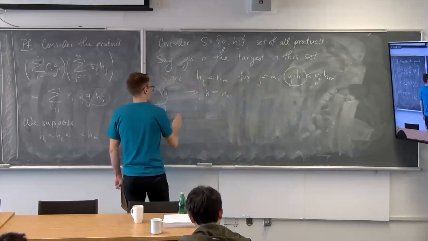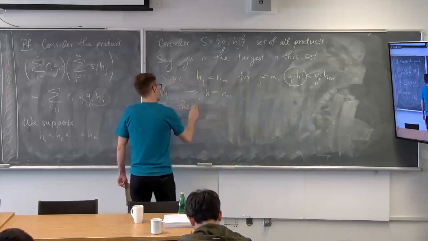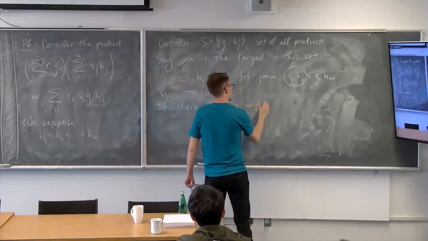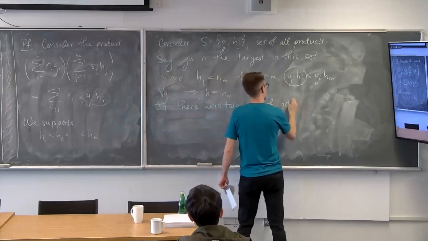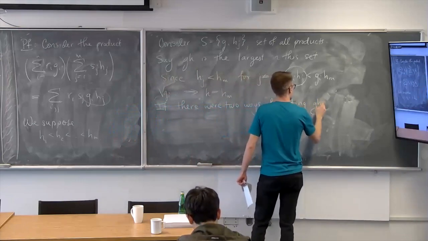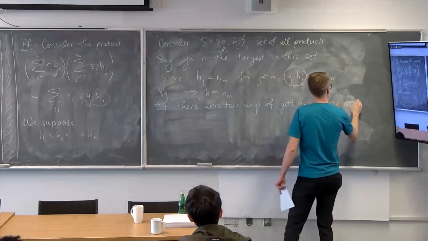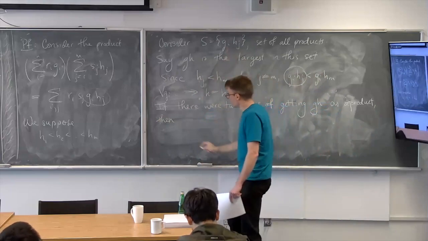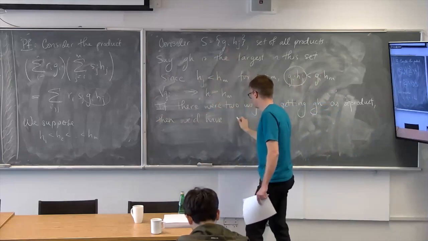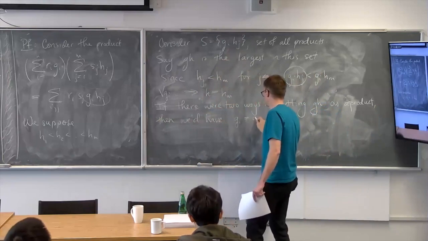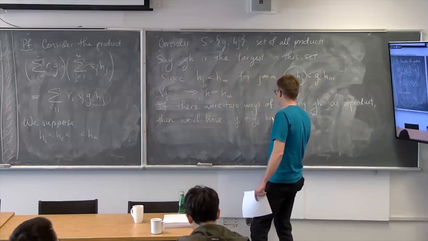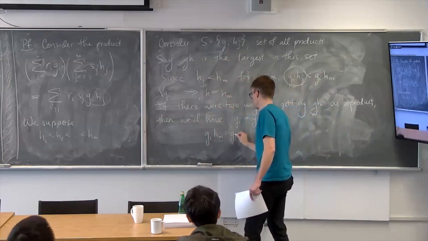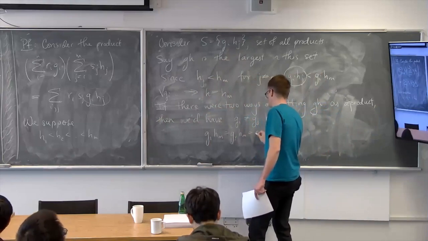So say if there are two ways of getting GH, the product, two different choices of Gi and Gj, then we'd have two different guys, Gi not equal to Gj, but Gi Hm equals Gj Hm equals GH.